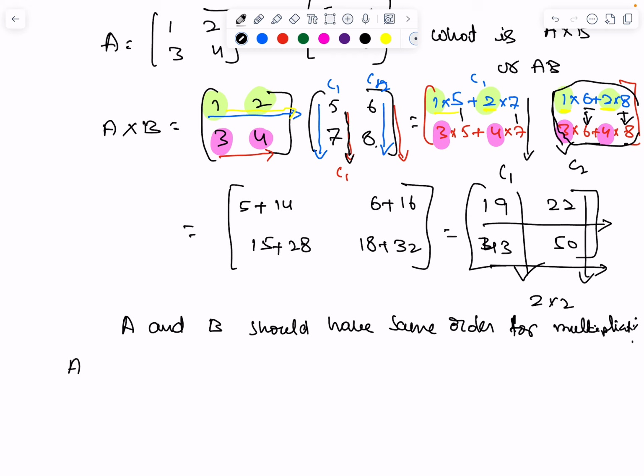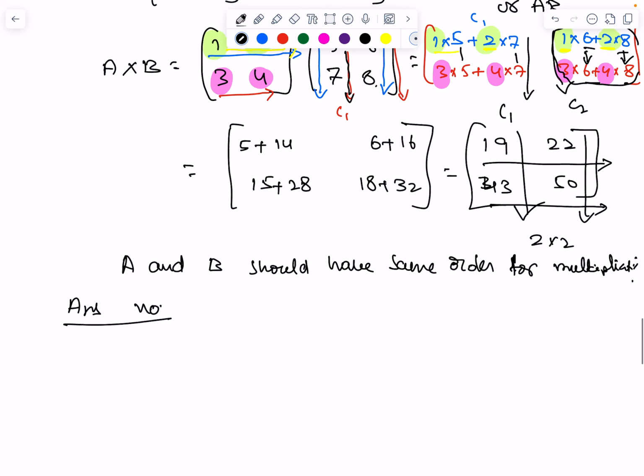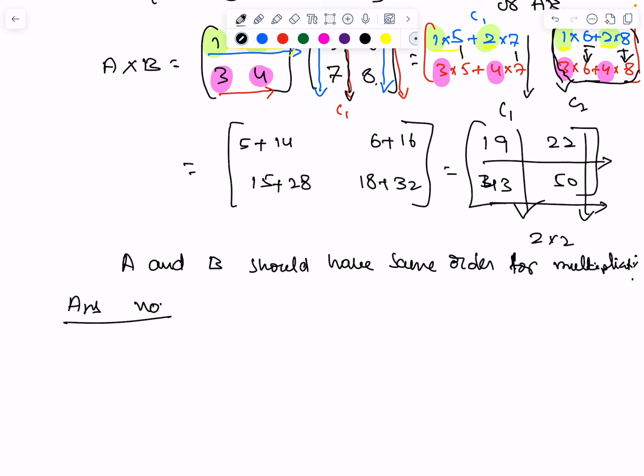Answer is no. No need to have the same order. Like in addition and subtraction, both must be of the same order. But now you need not have the same order. You can go with different orders.